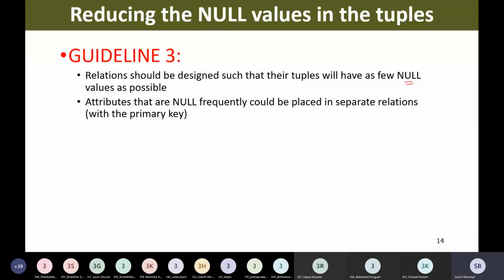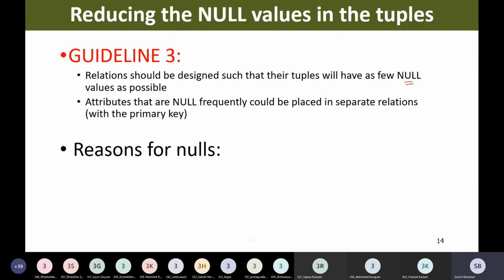So that they need not be handled frequently. Okay, so these are the guidelines for reducing the null values in the tuples.